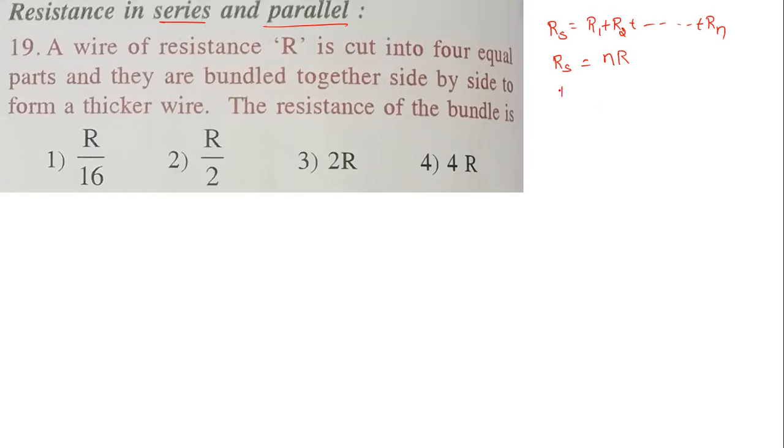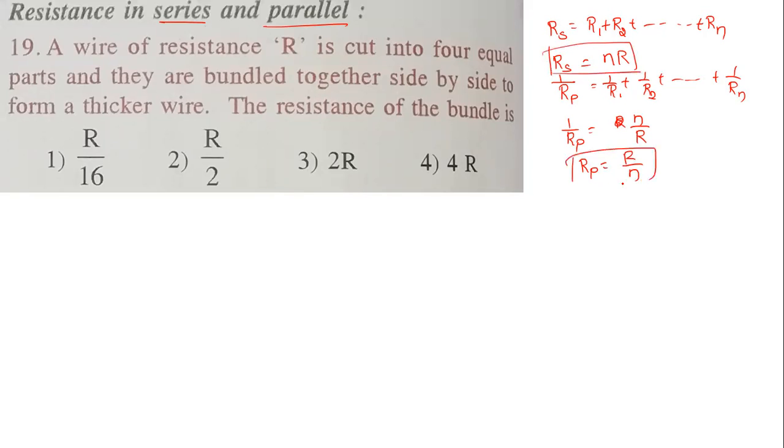Now if I take parallel combination Rp, 1 by Rp equals 1 by R1 plus 1 by R2 plus so on plus 1 by Rn. If all are equal, 1 by Rp equals N by R, so Rp equals R by N. What is the relation between Rs and Rp?